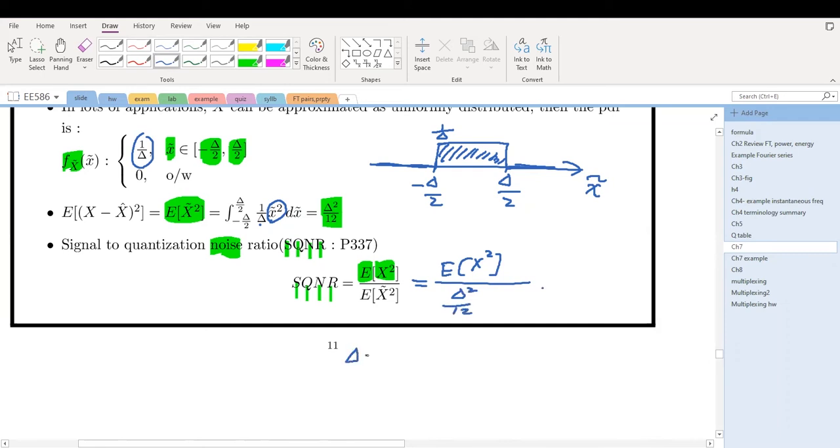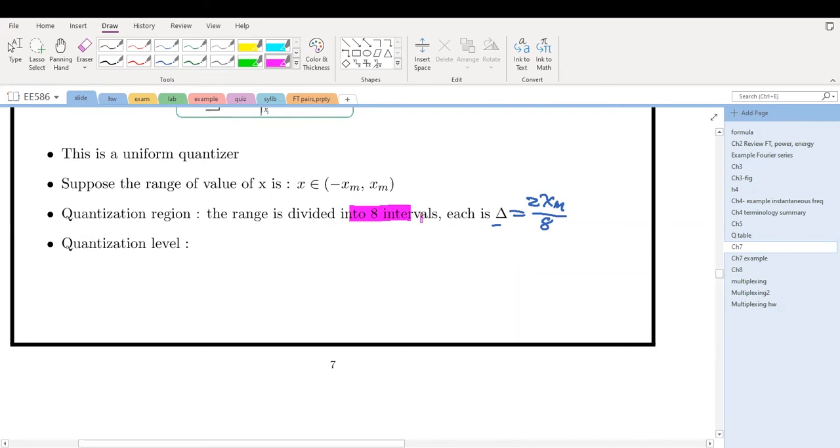We know theta, this is a quantization region. For an 8-level quantizer, theta equals 2xm divided by 8, where 8 is the number of intervals, the number of levels of the quantizer. For n levels of the quantizer, theta equals 2xm divided by n.